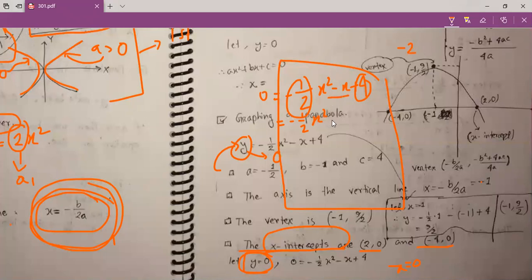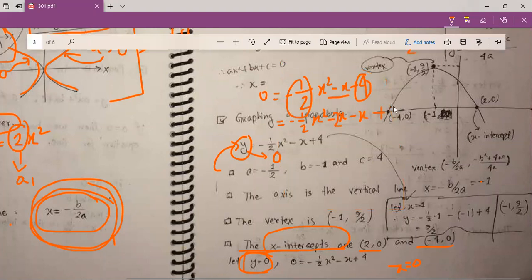So -2x minus x, and -2x minus x is equal to 2.